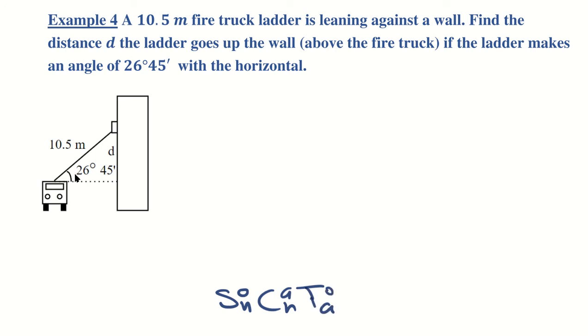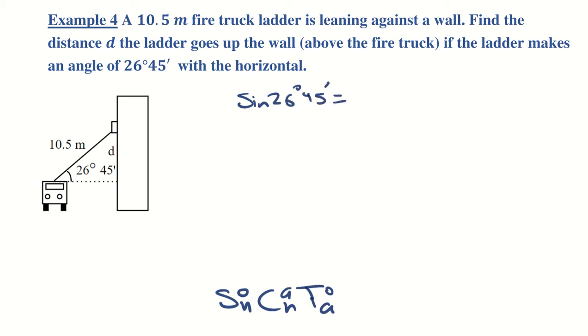So we have an angle, we want the opposite side, and we know the hypotenuse. So which of these three involves the opposite and the hypotenuse? The sine, okay? So we just set up sine of 26 degrees 45 minutes.